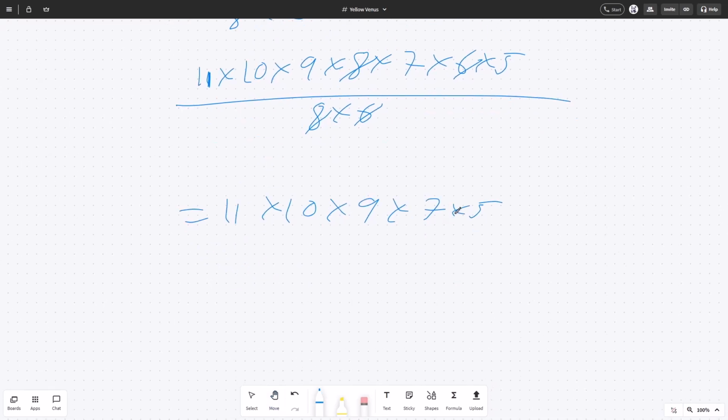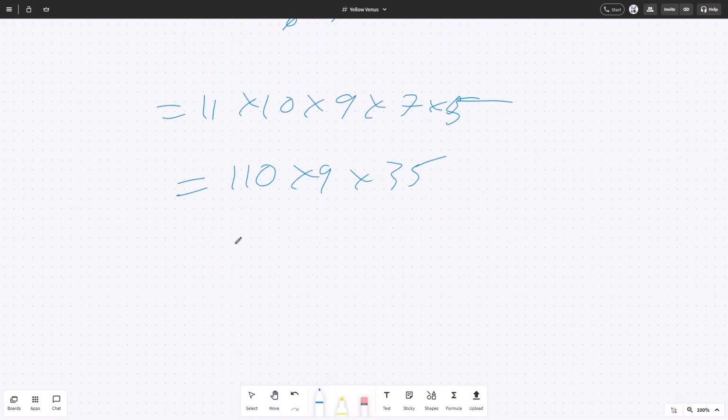Okay, so we have this special number here. Now we can do this by hand. It's not that difficult. 11 times 10 is 110, and 7 times 5 is 35. I'm skipping a few steps here. 110 times 9 is 990.